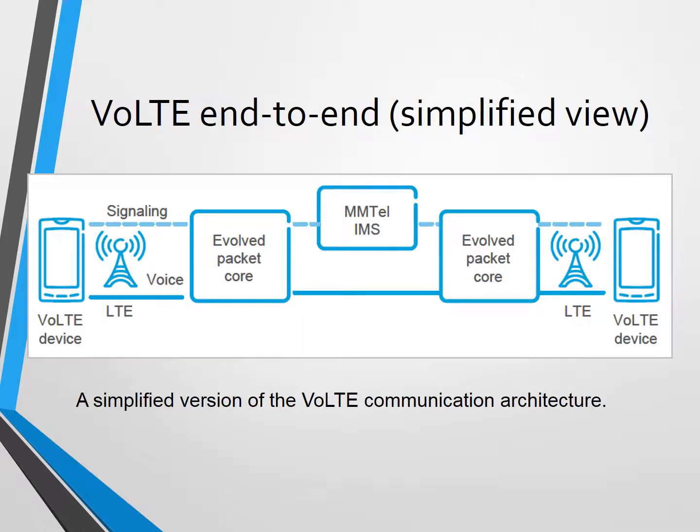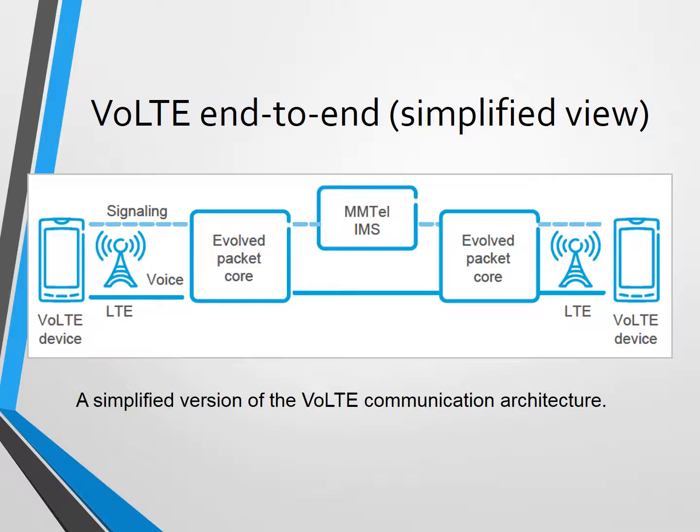This is a very simplified VoLTE end-to-end architecture where we have a VoLTE device, which is similar to our LTE device but has support for VoLTE as well. Then we have a bearer defined to the EPC, the packet core. Then we have an additional unit, MMTEL, the multimedia telephony services application server in the IMS.